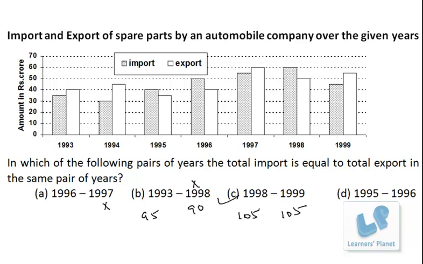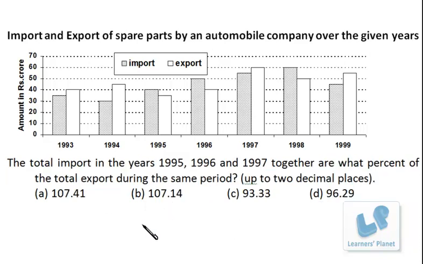Okay, now let's see this question. The total imports in the years 95, 96, 97 together are what percent of the total export during the same period? So first of all, let's calculate the total import in these 3 years. In 1995 it is 40, then 40 plus 50, 90, 90 and 55, that is 145.